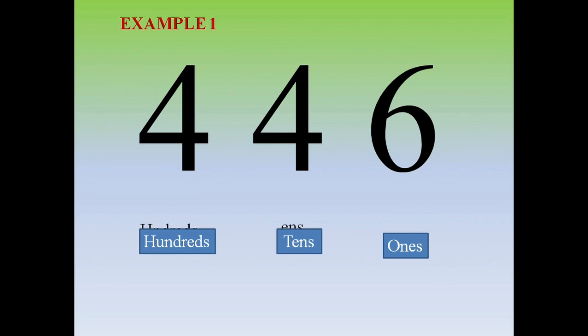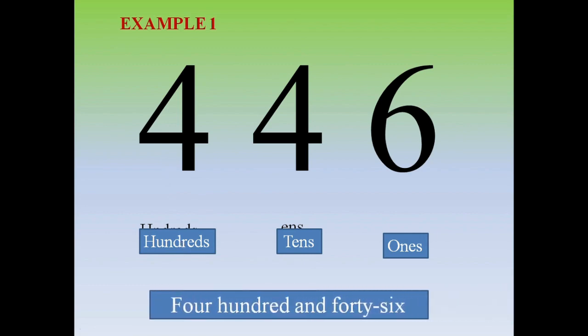Now let's move to another example. So here we have the number 6 in the place of ones, number 4 in the place of tens, and another number 4 in the place of hundreds. So this number is 446.